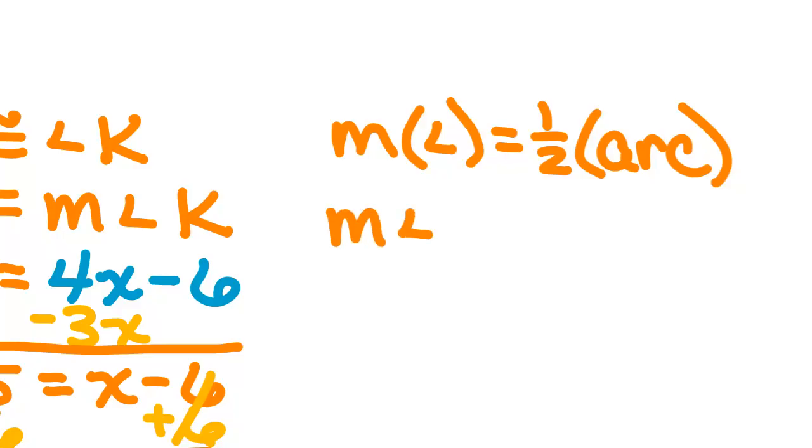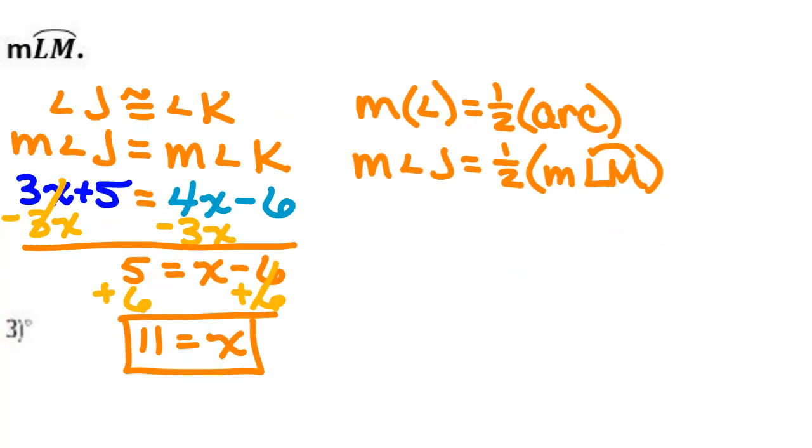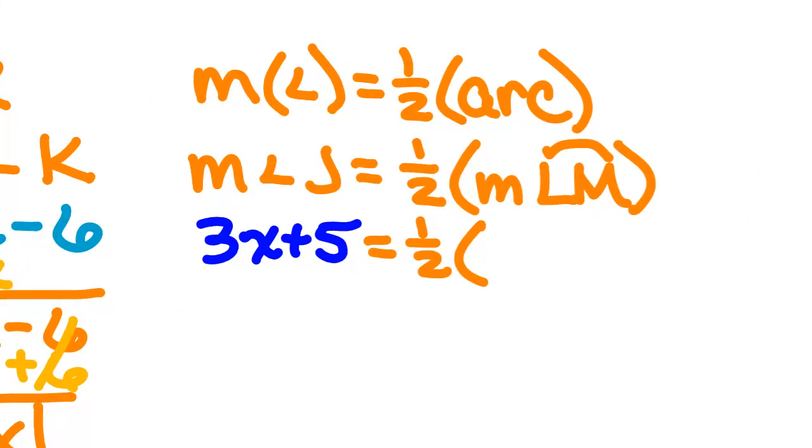So I'm going to use angle J. The measurement of angle J equals half the measurement of arc LM. And angle J was 3x plus 5. So 3x plus 5 equals 1/2 times the measurement of arc LM.